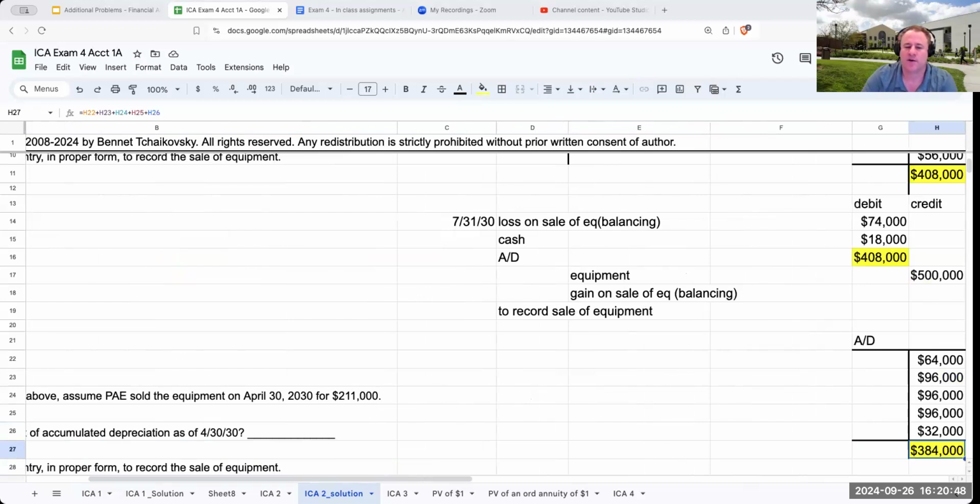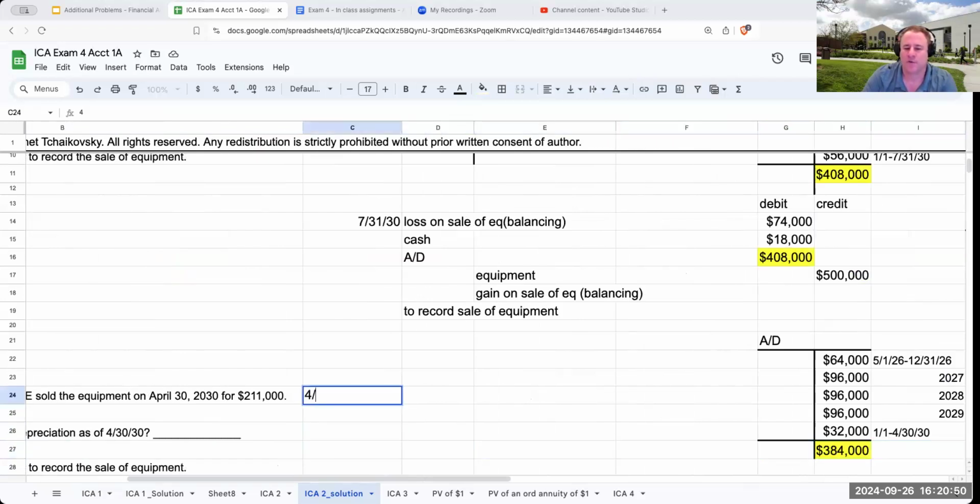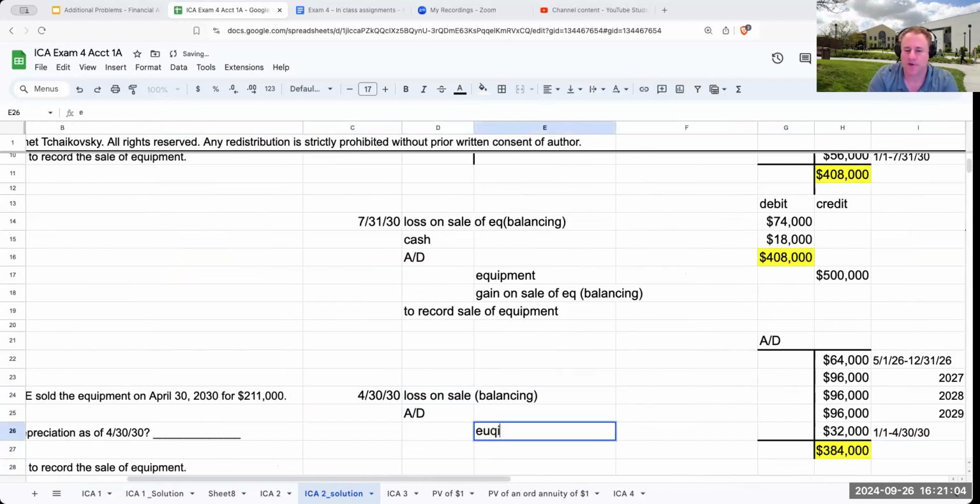So coming over here on 4/30/30, I want to write in all the information. So I'm going to say loss on sale, balancing. This is the journal entry we want to have memorized. Accumulated depreciation, equipment, cash, forgot cash, hold on. Equipment, gain on sale of equipment.